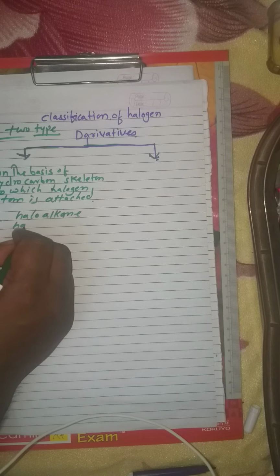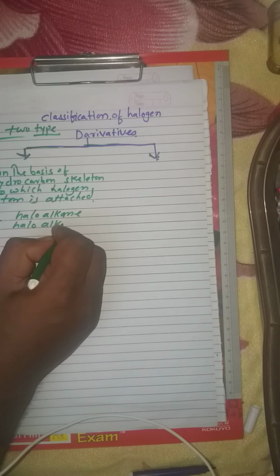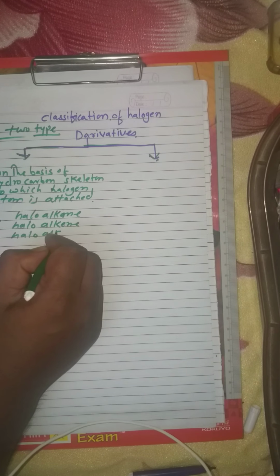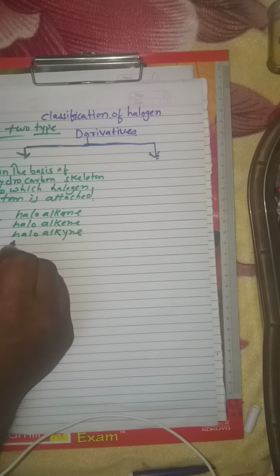Now the examples are haloalkane, haloalkene, haloalkyne and haloarenes.